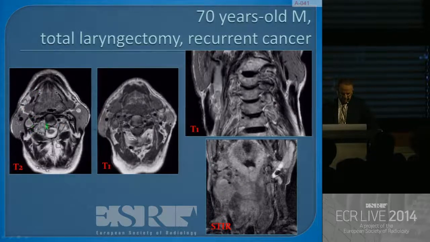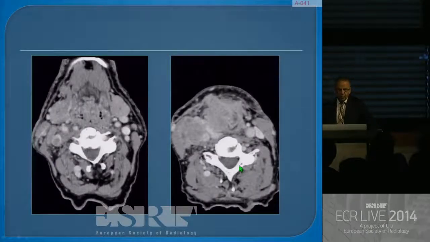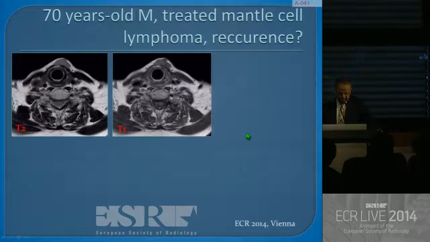There is a thrombus on the right side, but there are similar images on the left side, which can be discarded by these T1 weighted images, or we can use a different modality to come to an end. This CT was taken before the MR examination, and it clearly shows that there's a thrombus on the right side, but the left side is normal.